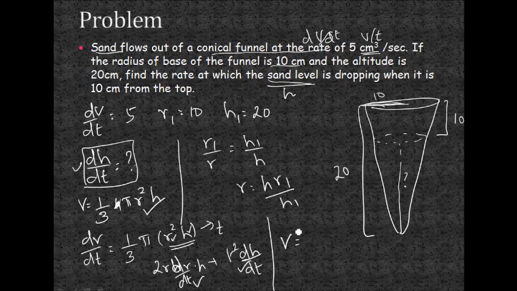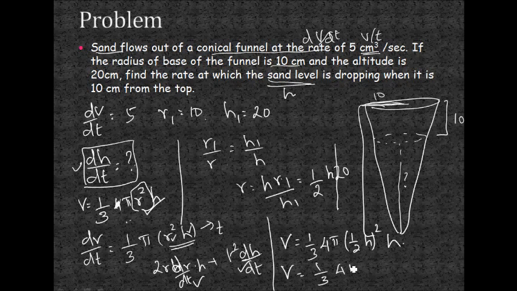In this case, R1 is 10 and H1 is 20, therefore 10 over 20 would be half, therefore R is half H. Substitute it in this volume: 1/3 pi times half of H, the whole squared, times H in the place of r squared. Now you have volume in terms of H only. Therefore you can find dV/dt in terms of dH/dt, and you can substitute dV/dt and find dH/dt.